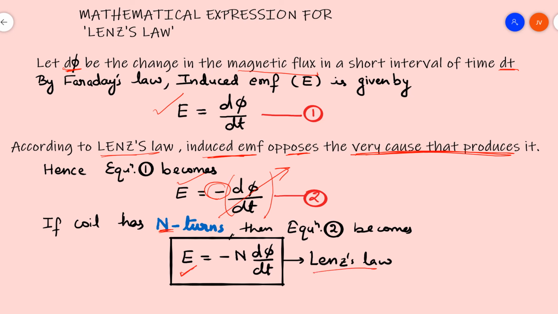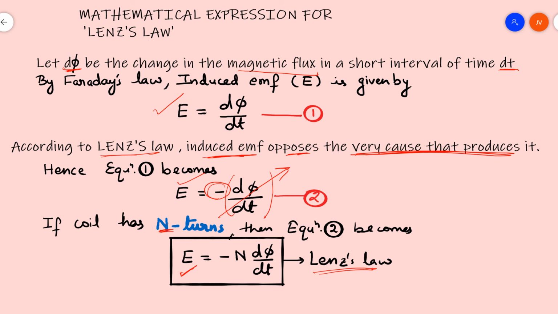So the mathematical expression of Lenz's law is E equals minus n d phi by dt, where E is EMF, minus means opposite direction, and d phi by dt is the rate of change of magnetic flux or rate of change of magnetic field.